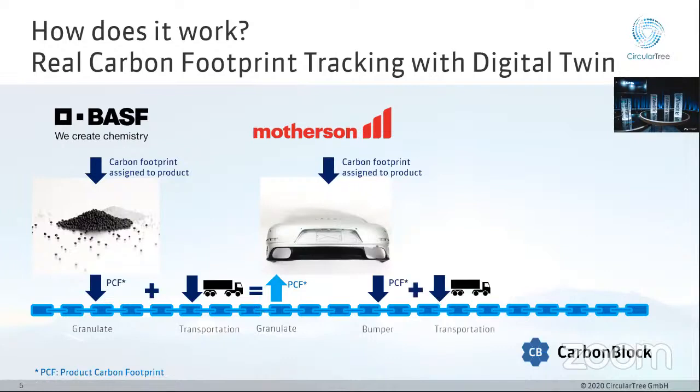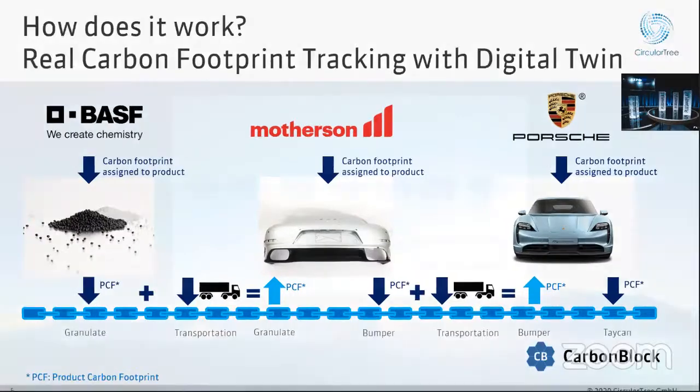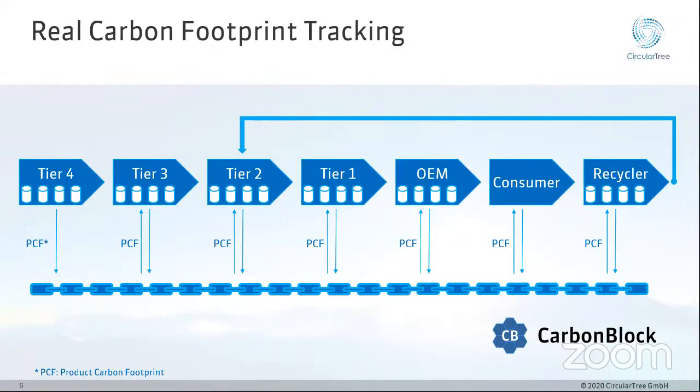We add transportation again, and then they do this with all their suppliers and add their own carbon footprint for making a Taycan. Then they have a real carbon footprint of a Taycan. And this is the basic architecture of what we're using.